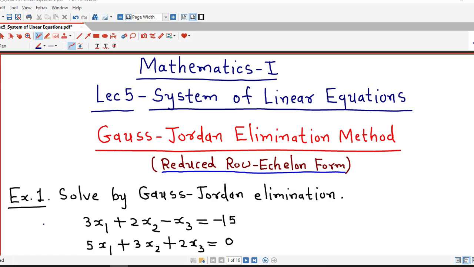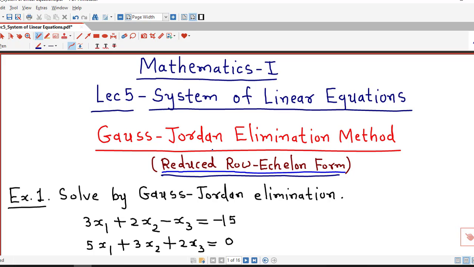The difference between Gauss elimination and Gauss-Jordan elimination is that in Gauss-Jordan elimination we convert the augmented matrix into reduced row echelon form. Other things are exactly as we have done in the Gauss elimination method.